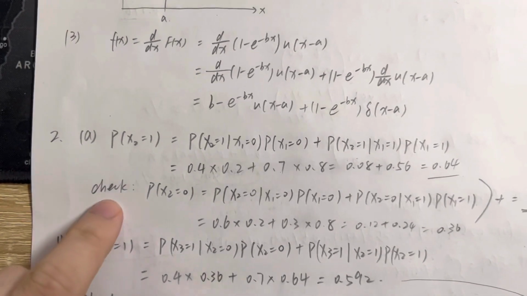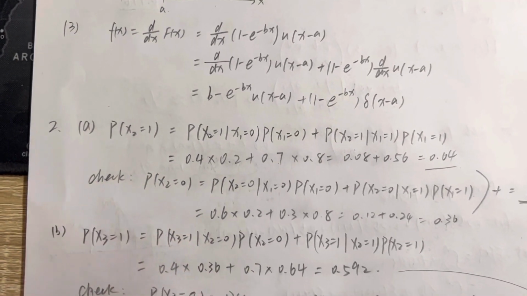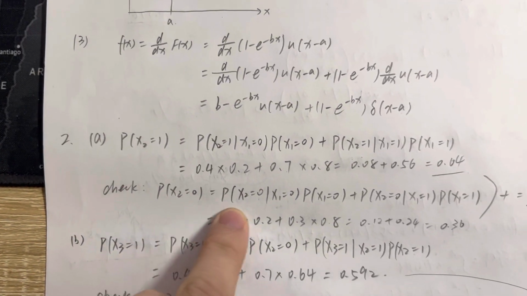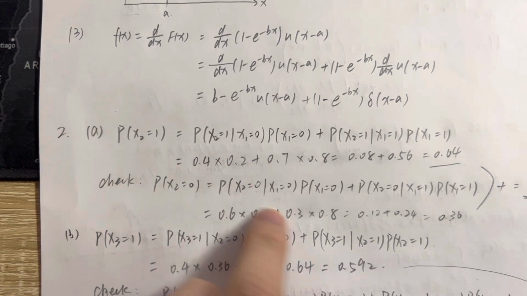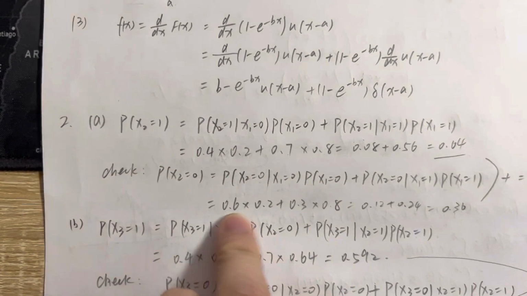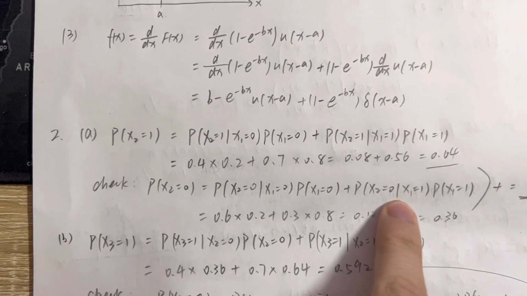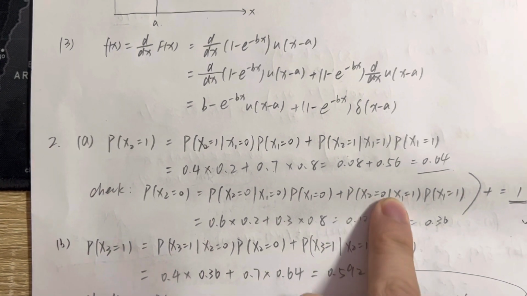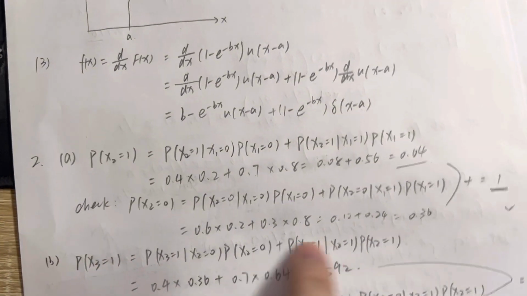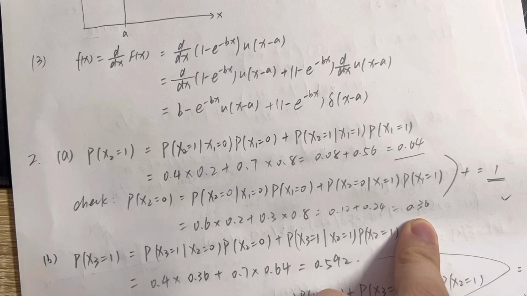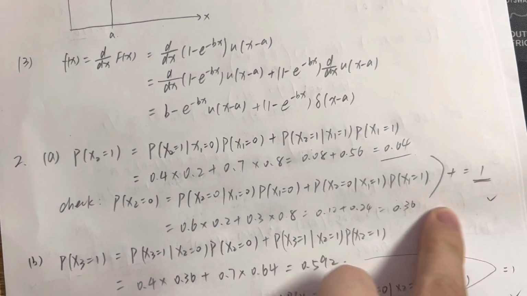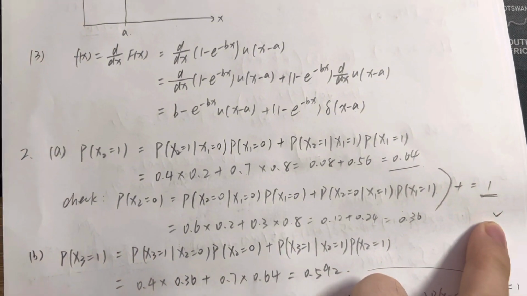We can check by computing x2 equals 0, because the total probability should be 1. 0 as input and 0 as output times the input probability, plus 1 as input and 0 as output times the input probability, gives 0.36. Added together it is 1, so it checks.